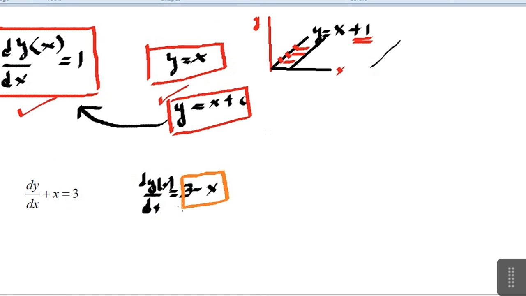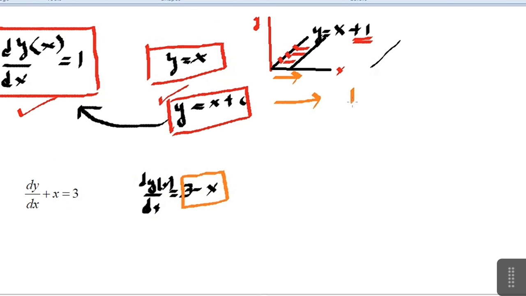So obviously the graph of a function whose slope is changing along the x-axis is not going to be as easy as this. Here the slope isn't changing, the slope is the same as you move along the x-axis. But here this is a type of graph where as you move along the x-axis, the slope is not going to be the same.